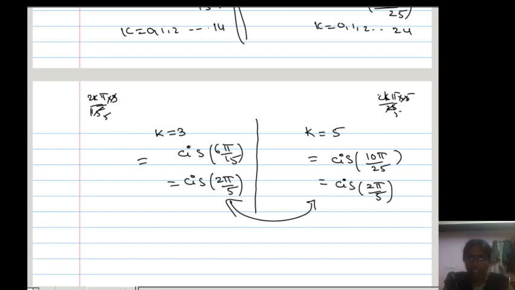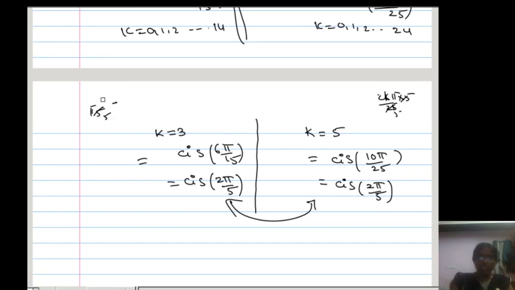Did you understand? Whenever k is a multiple of 5 or a multiple of 3, you are getting the same value. If k is 3, you get 2π/5; if 5, again 2π/5; if 6, then 10, multiples of 5. If you think logically, you get the idea.